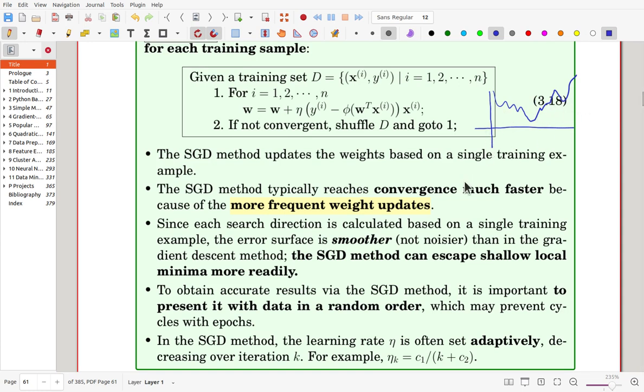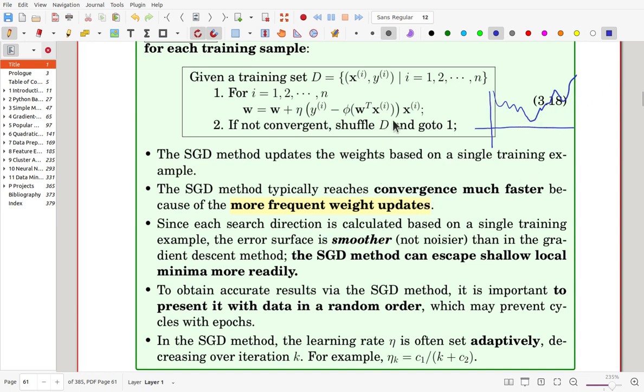Now, when you are using the original gradient method, you have to deal with this objective function. But when you are using SGD, because a single data point is used at the moment, the objective function is smoother.